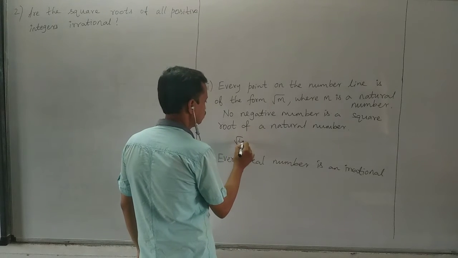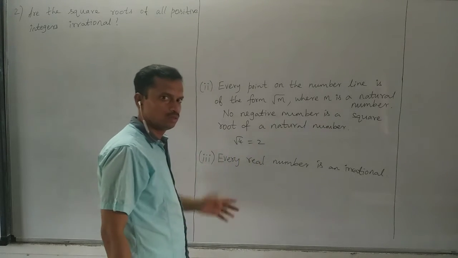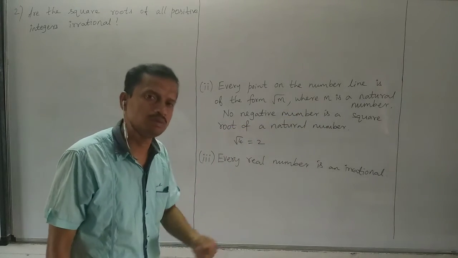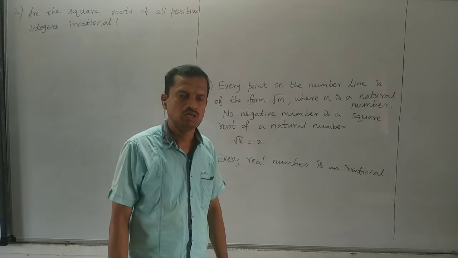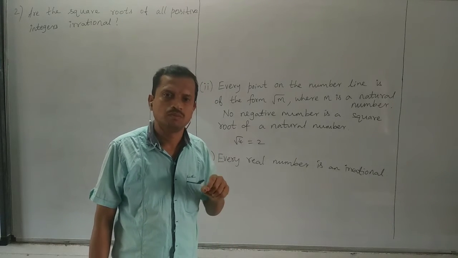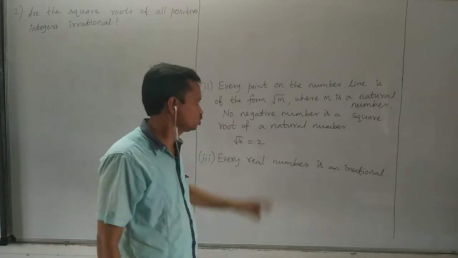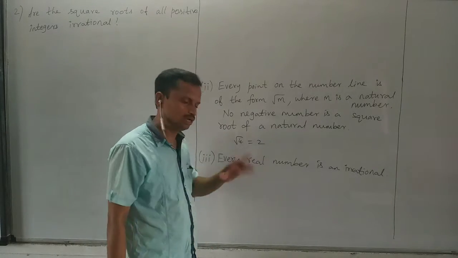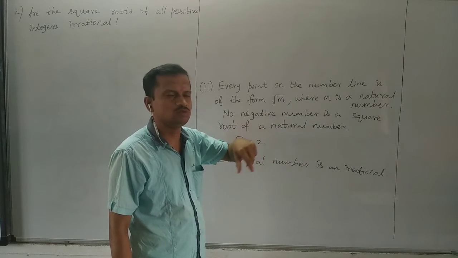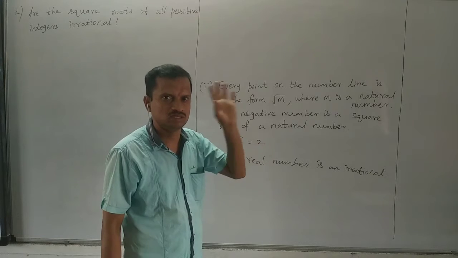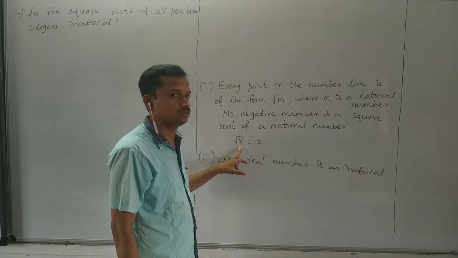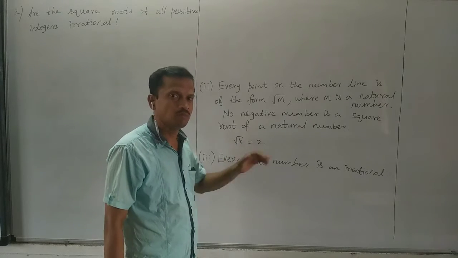For example, root 4, you get 2. Don't say minus 2 because m is a natural number. Natural number means what? Only positive number. If you take square root of a positive number, you should not put the negative value for the square root. So here minus 2 you should not put because m is natural, positive number, 1, 2, 3, etc. So if you take square root for a natural number, the answer should be positive.